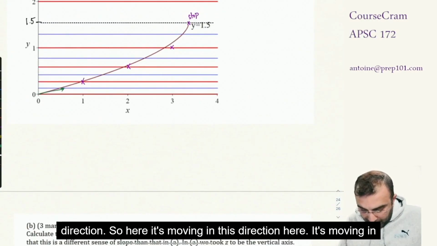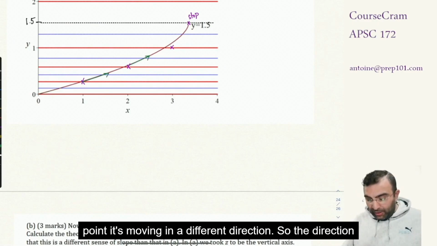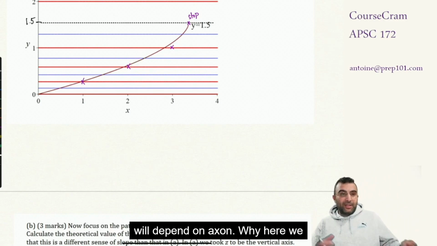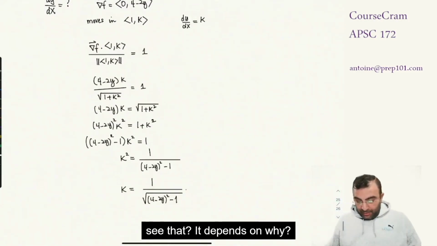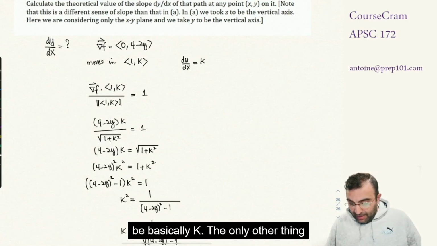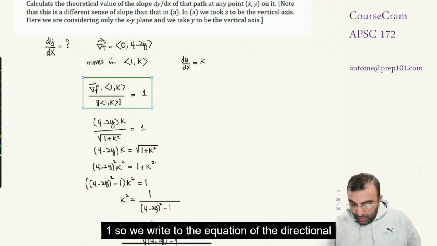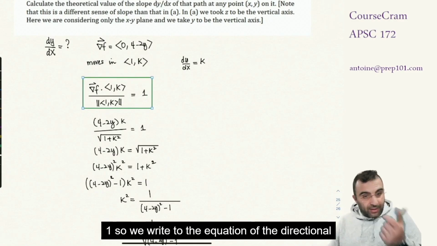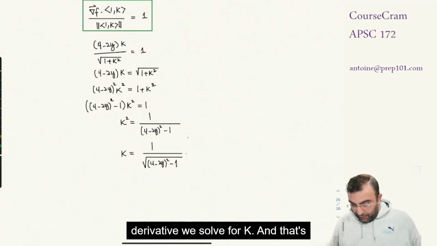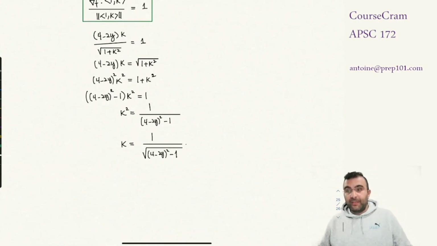So here it's moving in this direction, here in this direction, here in this direction. So the direction will depend on x or y. Here we see that it depends on y. The only other thing we know is that the directional derivative is 1. So we write the equation of the directional derivative, we solve for k, and that's the answer that they want.